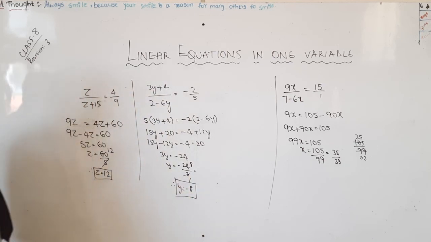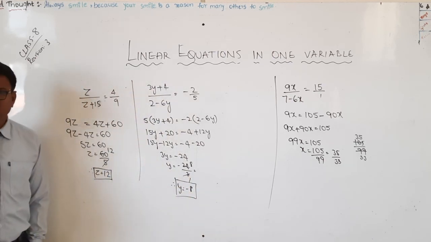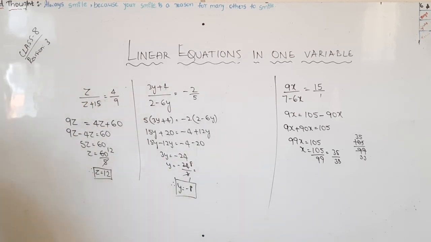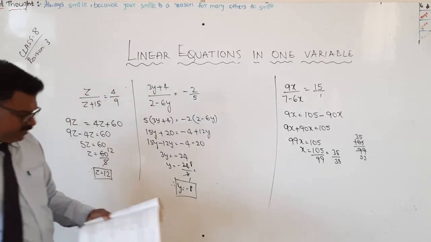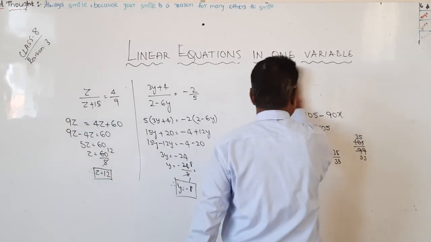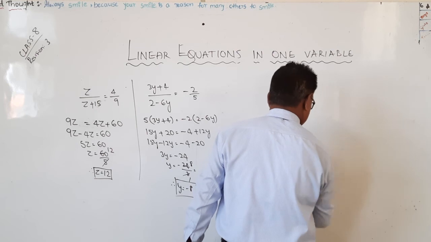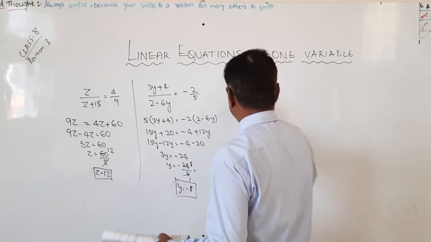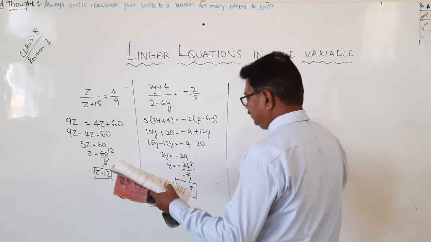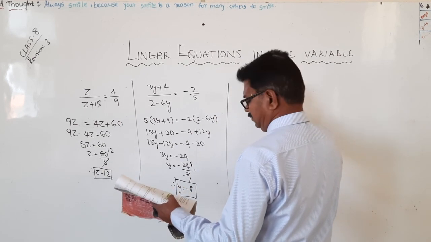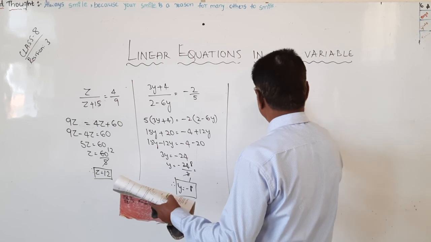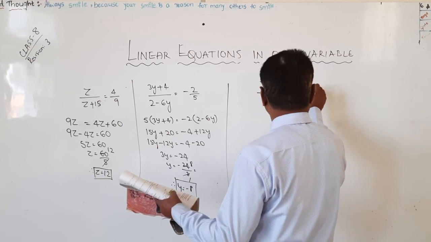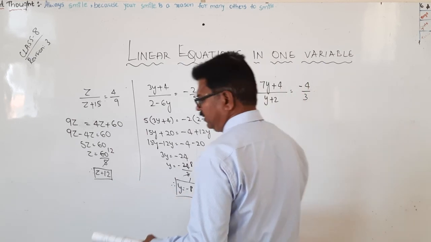Okay? So in this exercise you have to do only cross multiplication and nothing else. Again, one more problem. These problems are reducing to linear equations. (7y + 4) divided by (y + 2) is equal to minus 4 by 3.